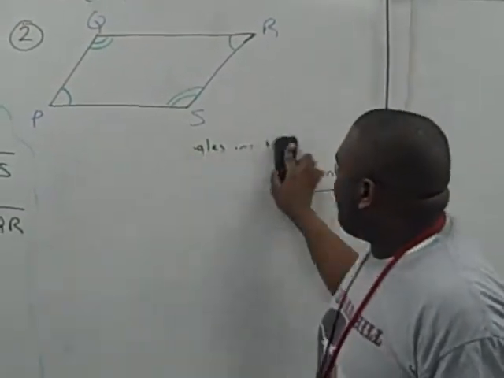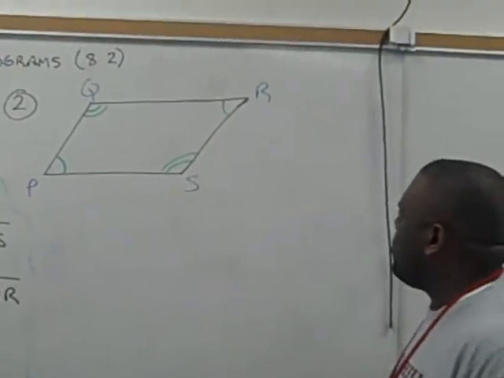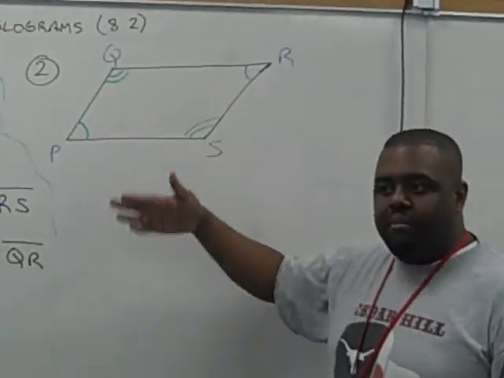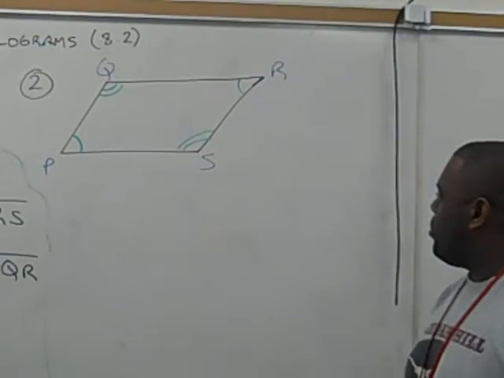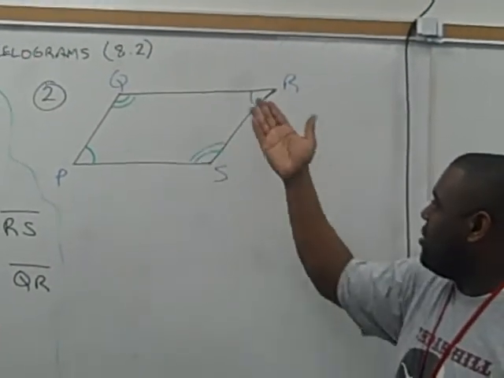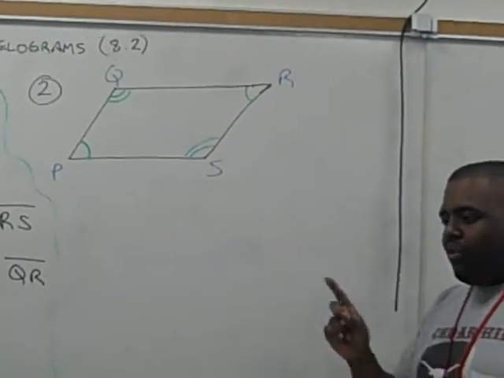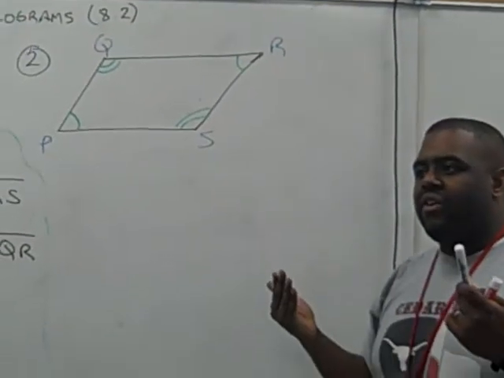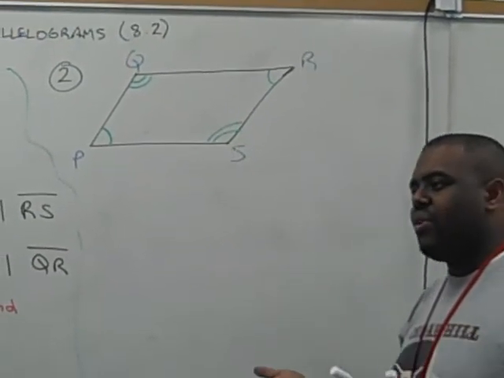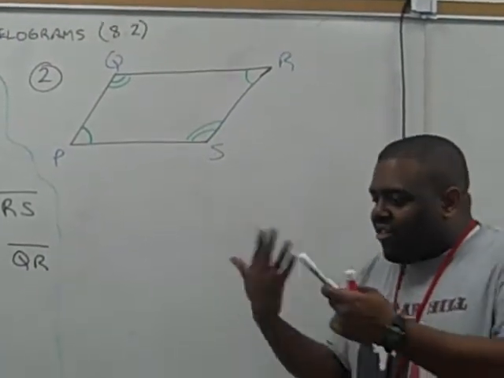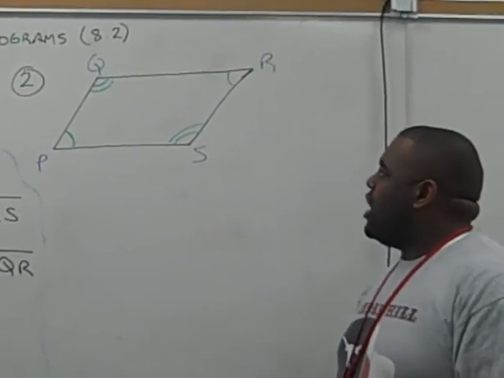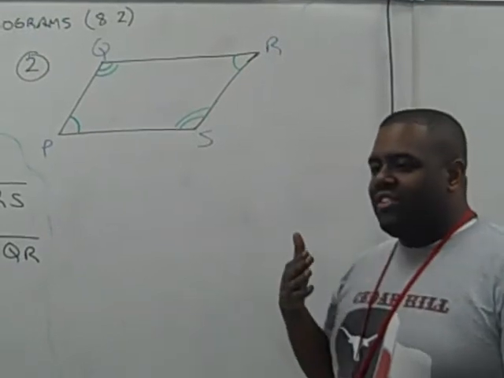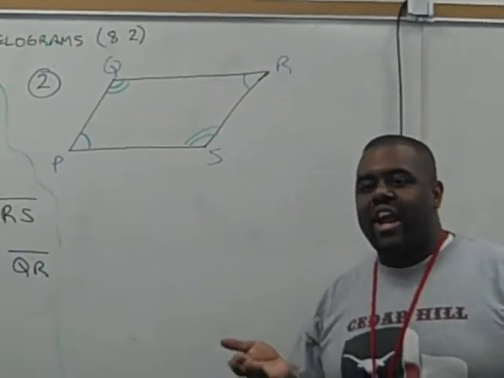Now, we've already marked that these angles are congruent. We said that they are congruent opposite angles. But what you also remember from when we started talking about parallel lines in general, we learned about something called consecutive interior angles.